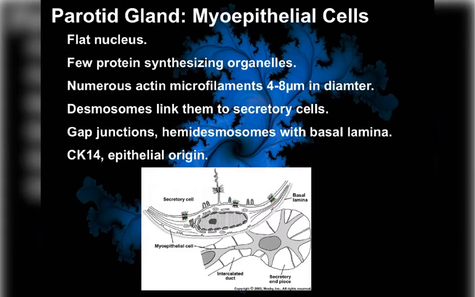They have gap junctions and hemidesmosomes with the basal lamina. They express cytokeratin 14, which proves their epithelial origin. So any cell that has cytokeratin is an epithelial cell.